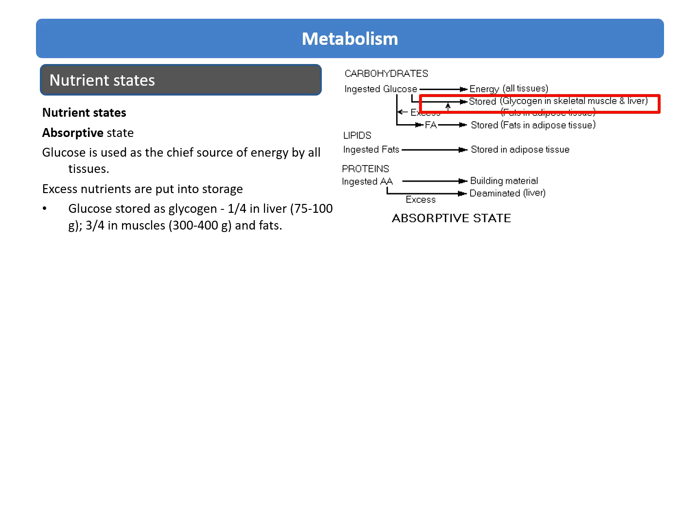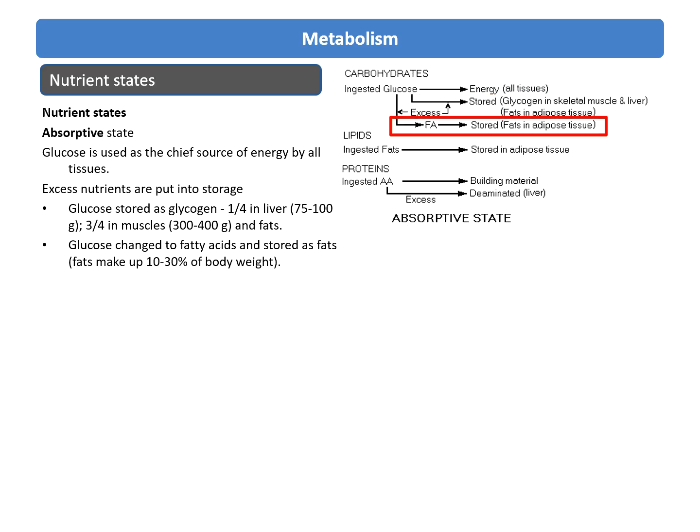One quarter of the glycogen would be in the liver, roughly 75 to 100 grams. Three quarters would be in the muscles, roughly 300 to 400 grams. And fats. Glucose changed to fatty acids and stored as fats make up another form of nutrients. Fats make up roughly 10 to 30% of body weight.